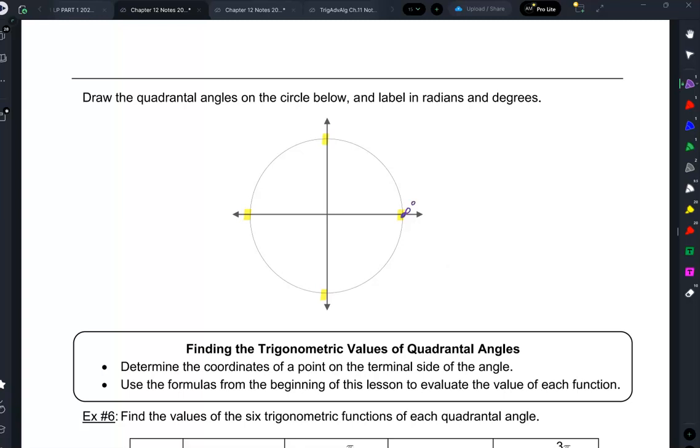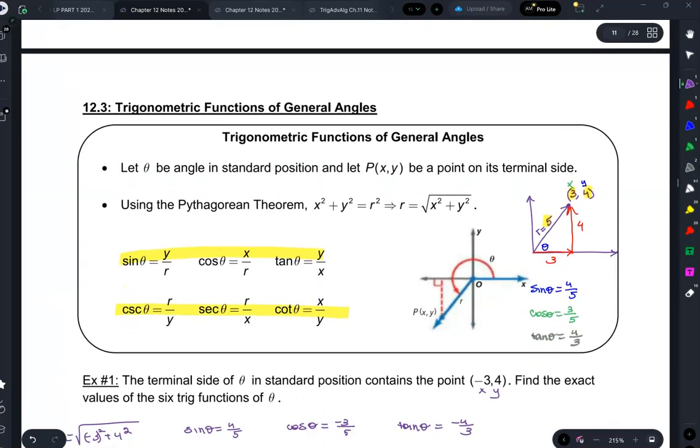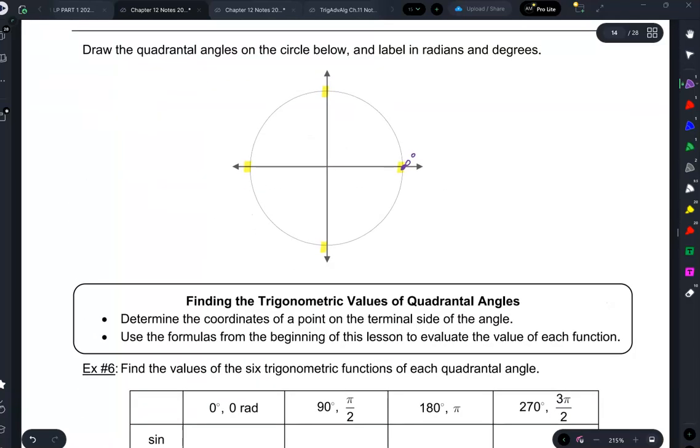Remember how we said that for each coordinate, we had the x coordinate, the y coordinate, and the radius, which was the distance from the origin to the point? Well, here, let's suppose the distance from the origin to the point is r. In that case, that coordinate point is r, 0.